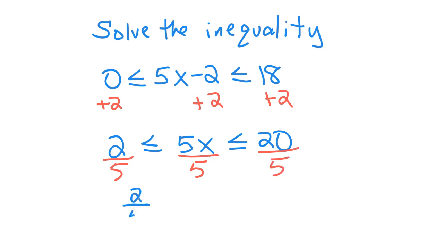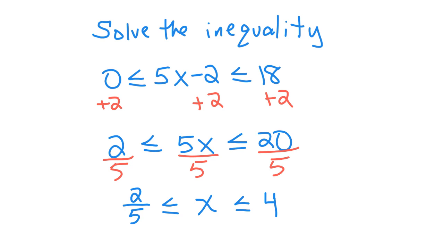And so that leaves us with 2/5 on the left-hand side, x is in the middle, and 4 on the right-hand side. That means we want every single number, every fraction, every decimal between 2/5, including 2/5, all the way up to 4 and including 4.